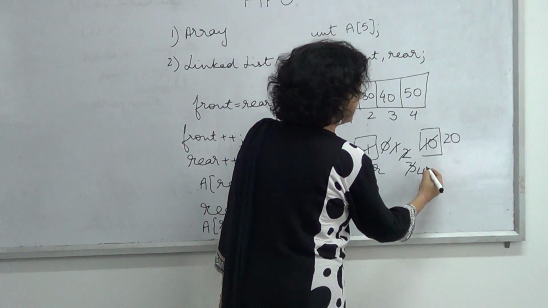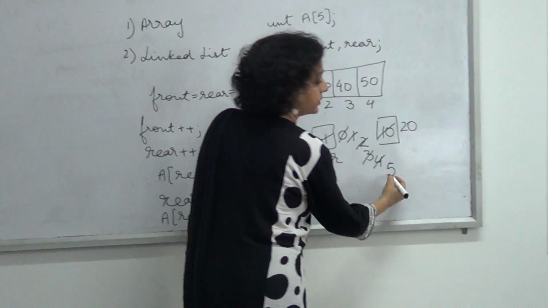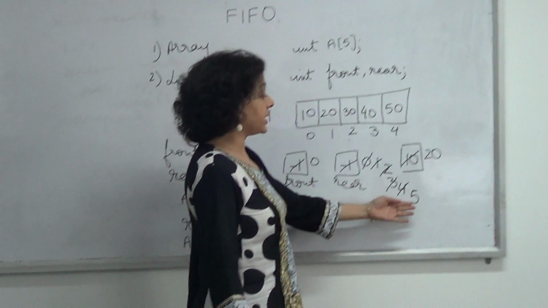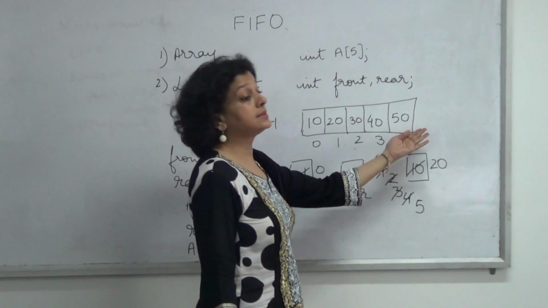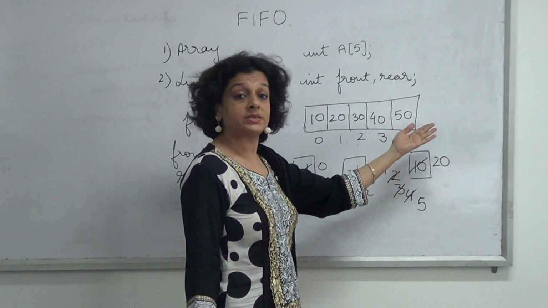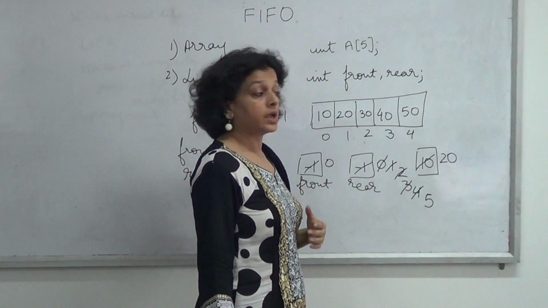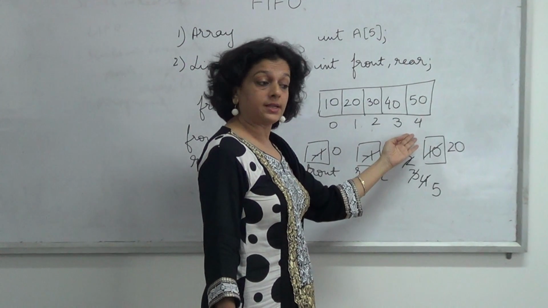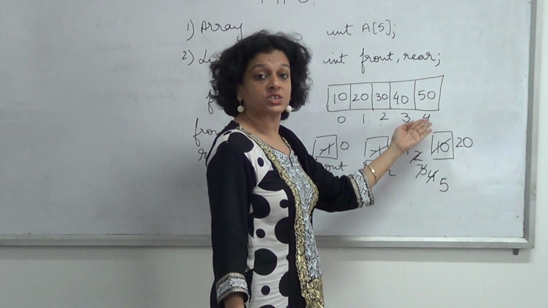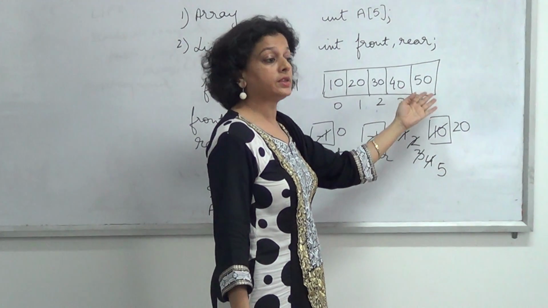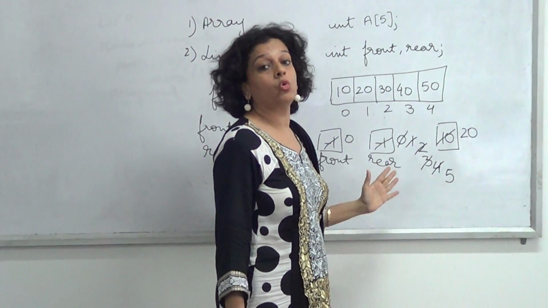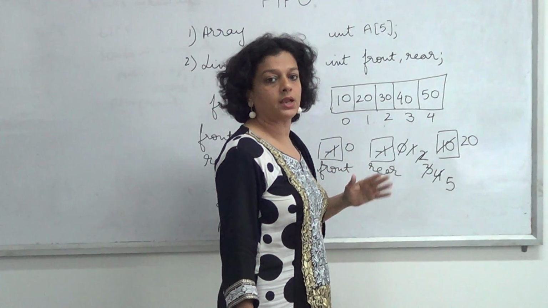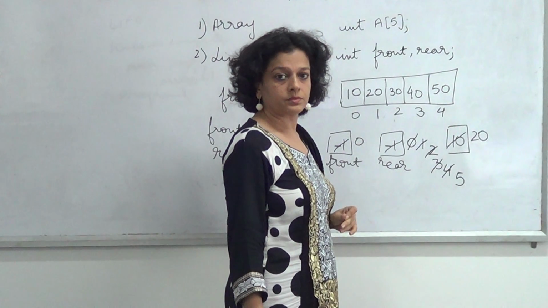I will increment my rear and check whether rear is less than the maximum index which can be entered in the queue. Here the rear is 5, which is greater than the maximum index number, so it will give the condition queue overflow and no more elements can be added to this queue.